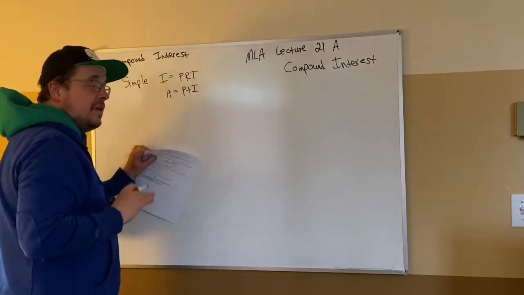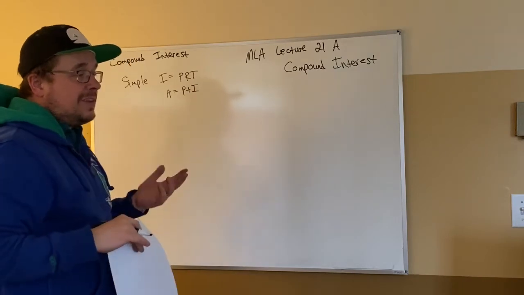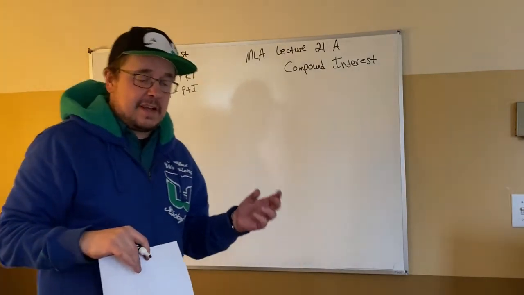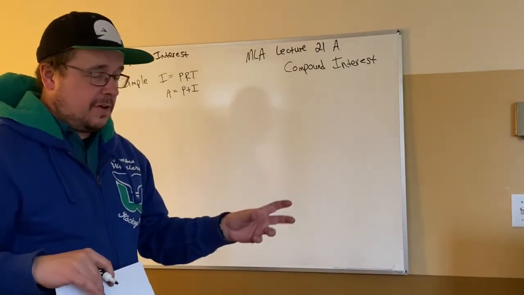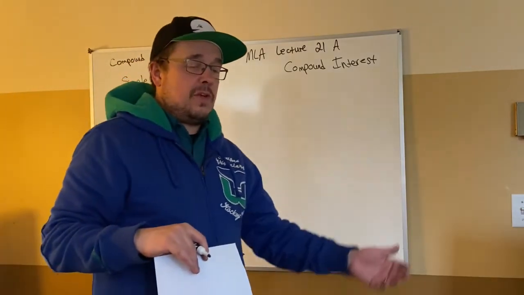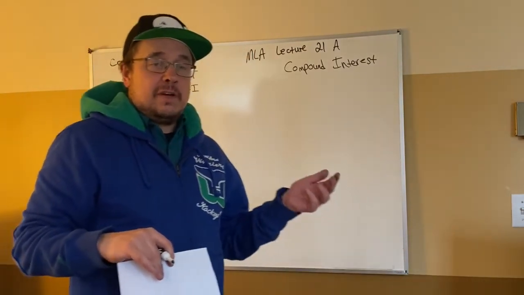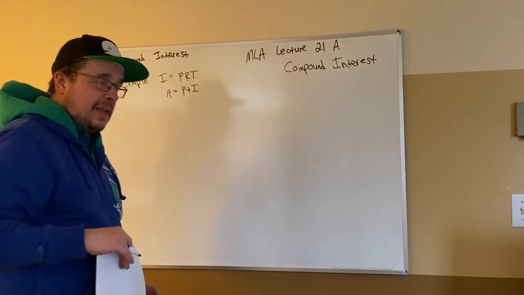That's what we previously looked at, where they pay you interest based on how much money you initially gave them, and every time they pay you out, they pay the same amount because it's only based on how much you initially gave them.